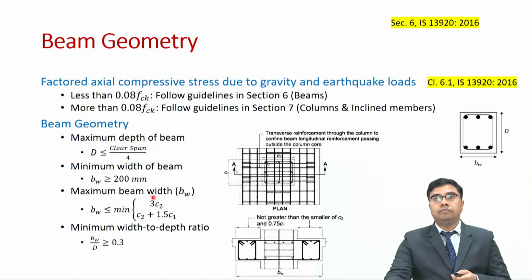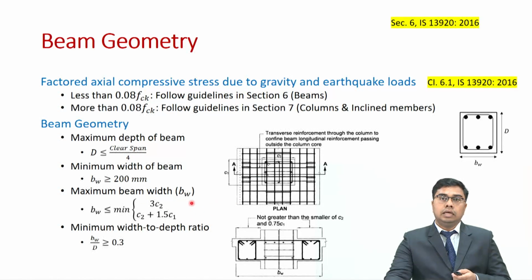Further, the maximum beam width is governed by the size of the column beneath the beam. The maximum beam width can be 3 times the column dimension, or the column dimension plus 1.5 times the column dimension in the other direction.